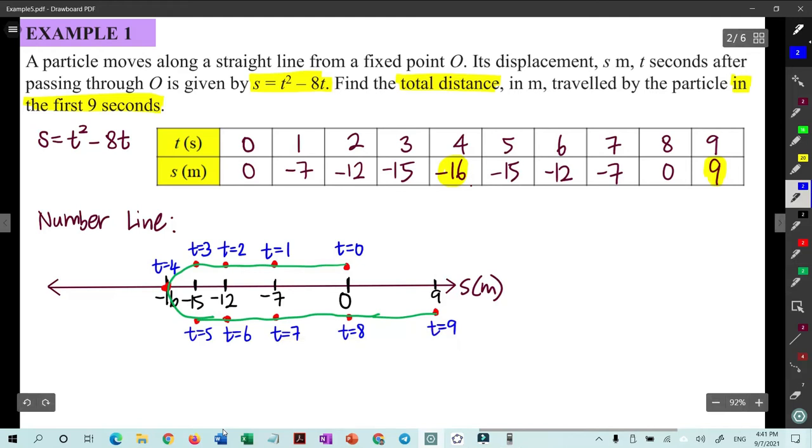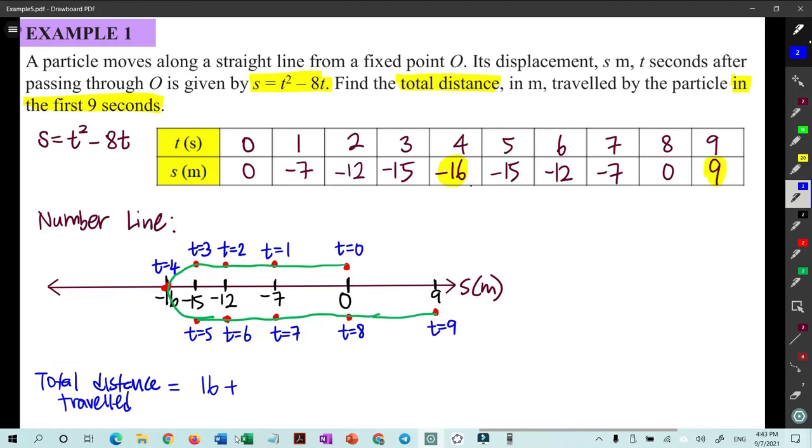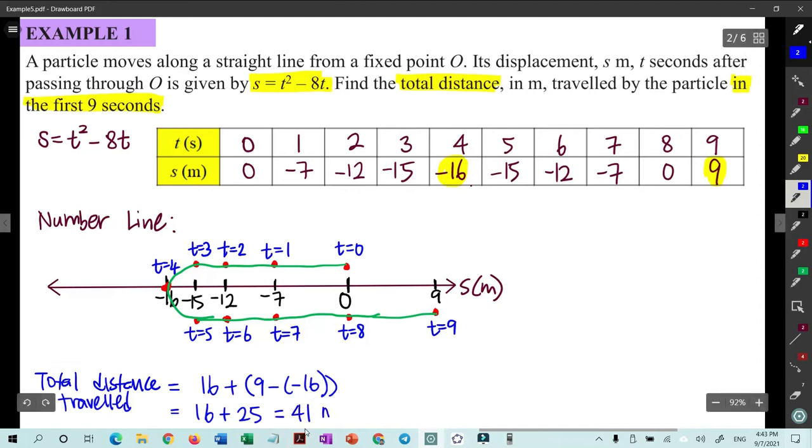So the total distance traveled is the distance traveled towards left, which is 16 meters, plus the distance traveled towards right, which can be determined by taking 9 minus negative 16. So 16 plus 25 equals 41 meters.